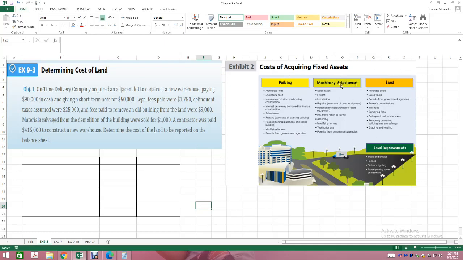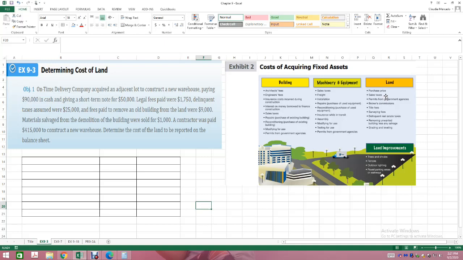Okay, so when we're calculating or figuring out the cost of our land, we have to take into account, amongst other things, the purchase price, any sales taxes, any permits from government agencies, any broker's commission, title fees, survey fees, any delinquent real estate taxes, the cost of removing any unwanted buildings, less any salvage value, and any grading and leveling. Okay, so they give you a pretty good overview of what needs to be included to determine the cost of acquiring land.